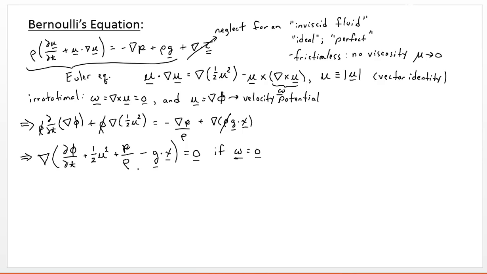Now, in most cases, it's more convenient to write minus g dot x as plus g times h, where h is equal to the height above some reference plane, in the direction opposite to gravity, of course.